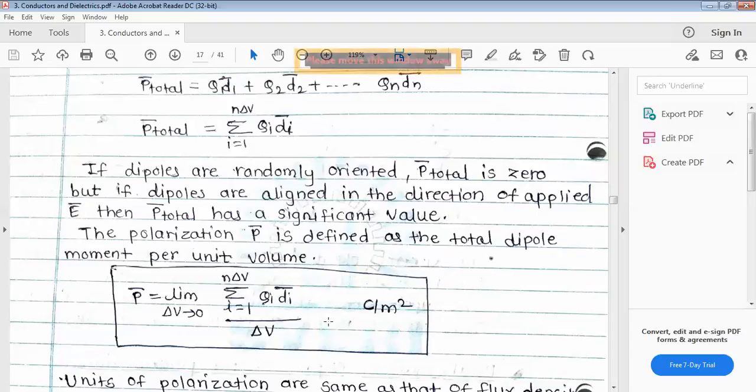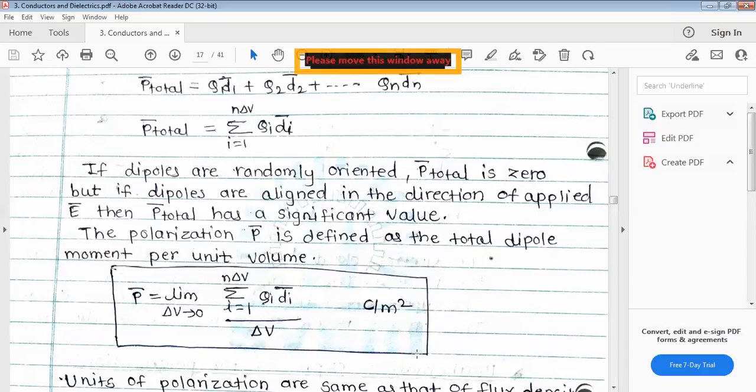So can anyone tell me how this unit is coming? How are you finding units? From given data only you can find the unit.